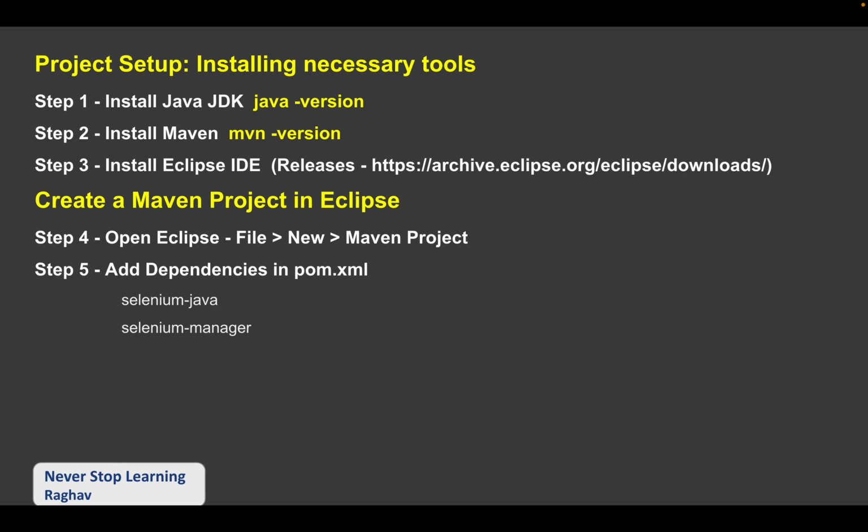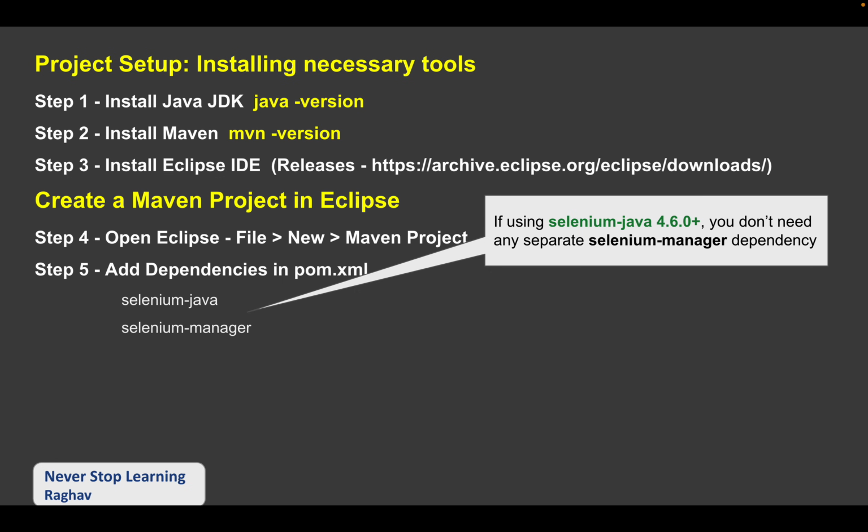But now with Selenium Manager, we can manage all this without having to manually download any executable file for any browser, and we don't have to download and set up Selenium Manager separately in case we are using Selenium-Java version 4.6.0 or above, because it comes inbuilt in Selenium-Java from version 4.6.0 onwards.